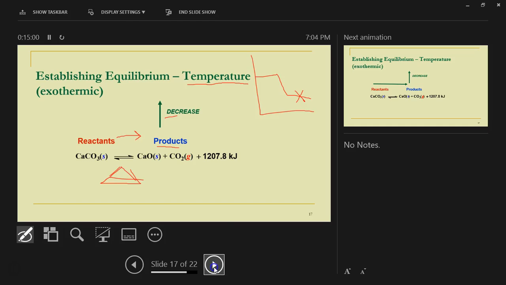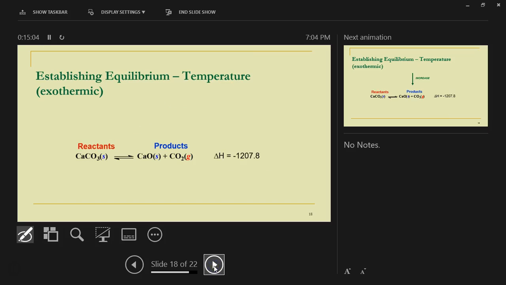All right, now I see it says exothermic here, but what if they didn't tell me it was an exothermic reaction and they didn't give me the change in enthalpy in the problem? Then I really have to go back to what I know about thermal energy diagrams.